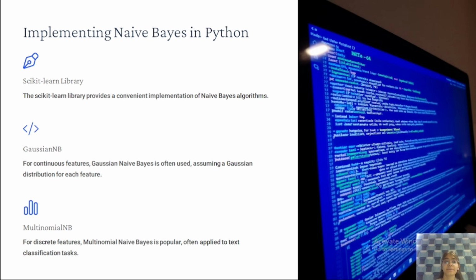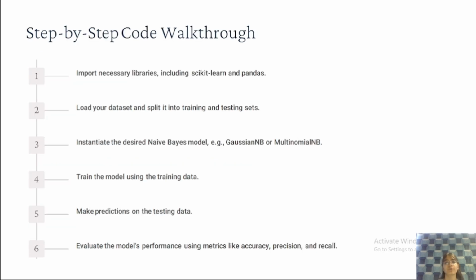The scikit-learn library provides a conventional implementation of the Naive Bayes algorithm. GaussianNB assumes a Gaussian distribution of features, and MultinomialNB is for discrete features, often applied to text classification. So now we will go through the code step by step, like how we can implement an algorithm for designing a code.